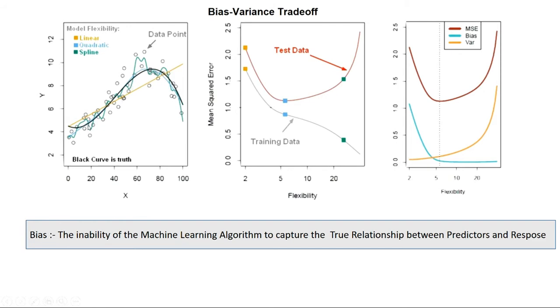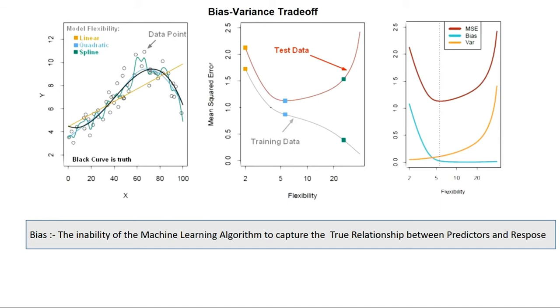But on the other side, the quadratic model is very much able to predict this black line relationship. Then comes the more flexible model, represented by this green line. It follows the data points so much that it also isn't able to capture the true relationship represented by our black line. So I hope I was able to help you understand what bias is.